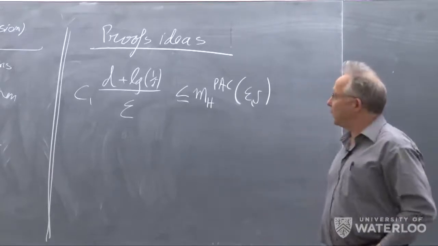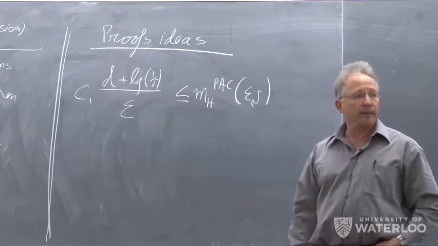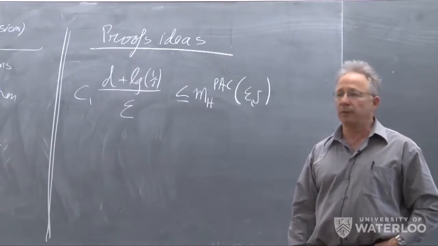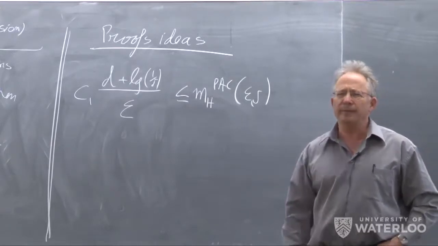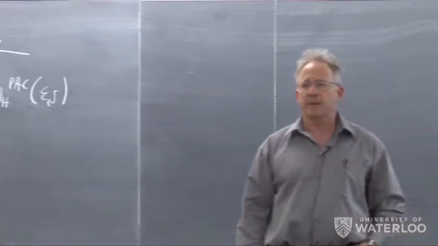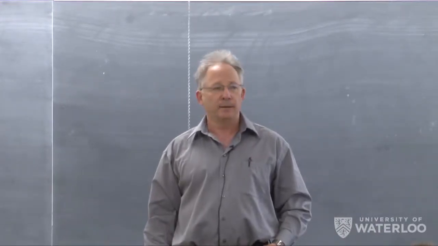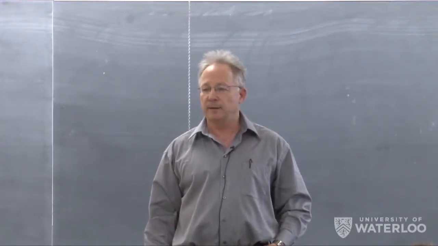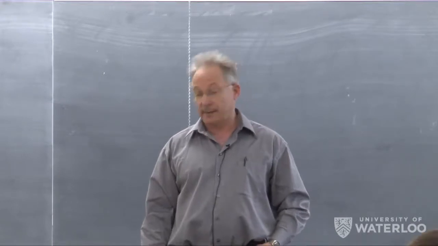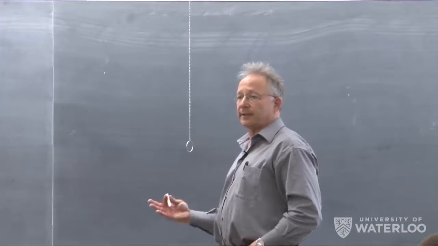So what do we already know about the lower bound for sample complexity of learning in the PAC model? We already have some kind of a result like that. Yes? The no free lunch theorem? Exactly. Very nice. The no free lunch theorem already told us something.